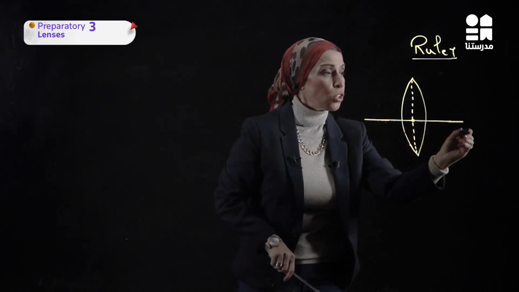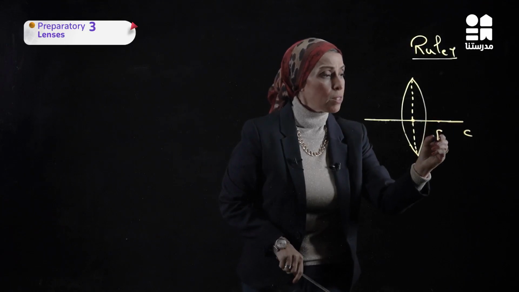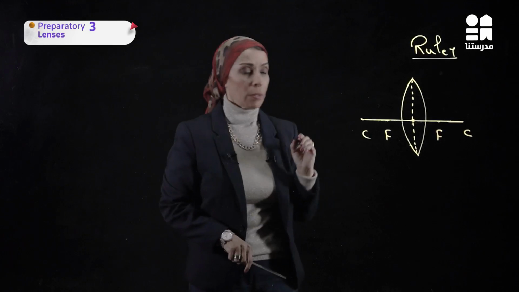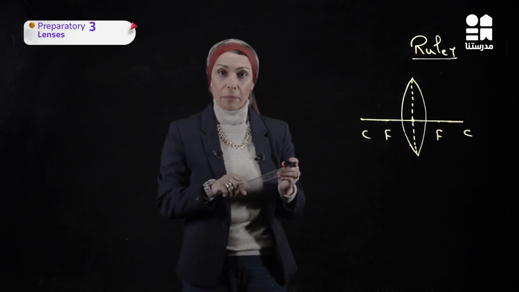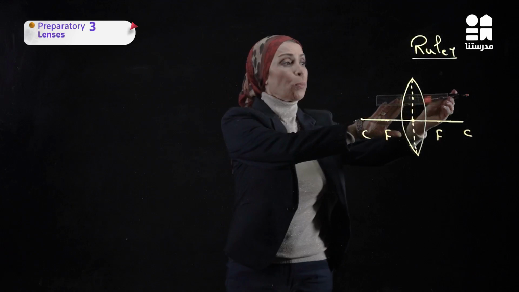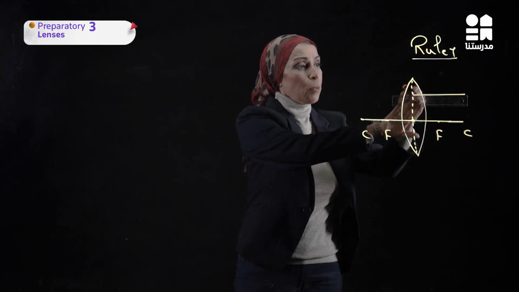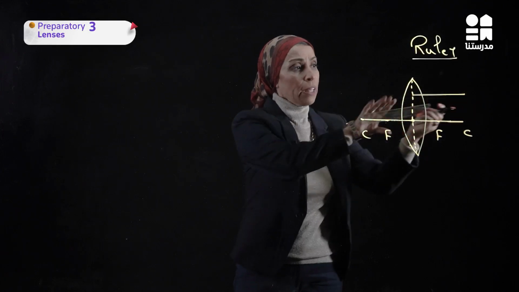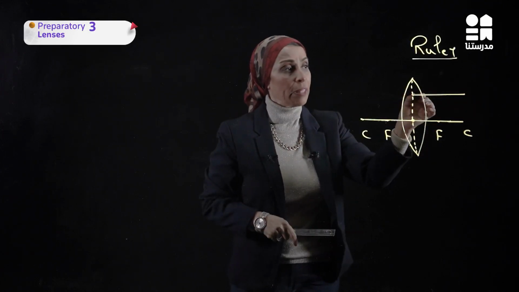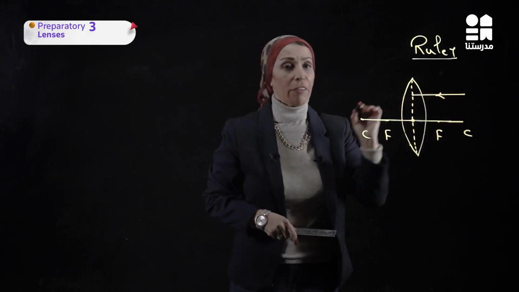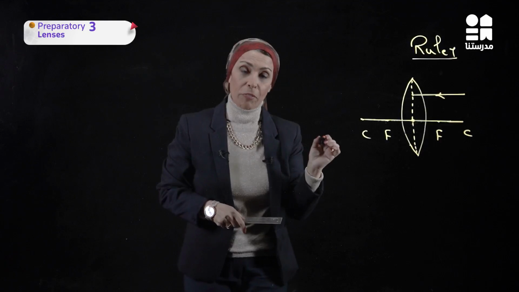This is the center of curvature, and this is the focus, and this is the second focus and center of curvature. The first light ray here passes parallel to the principal axis. Let's make the line passing parallel to the principal axis, and it should reach this point in the middle, not here or there, and start to make the refraction. What is meant by refraction?